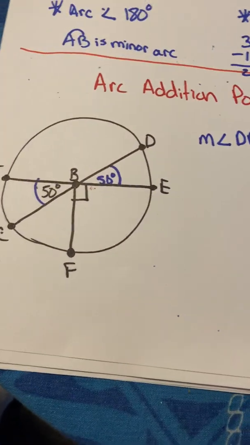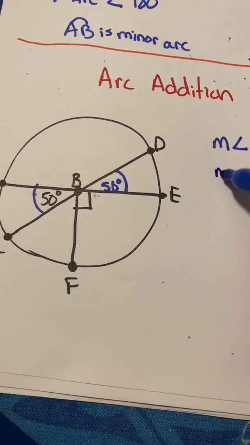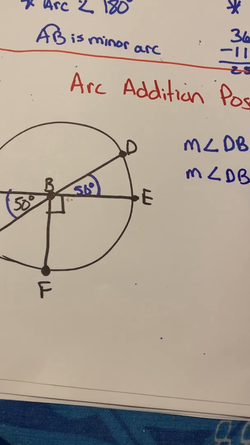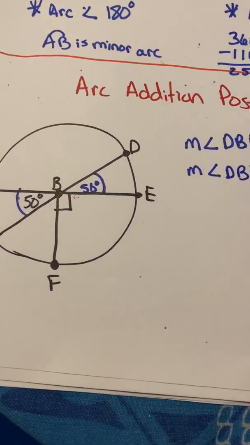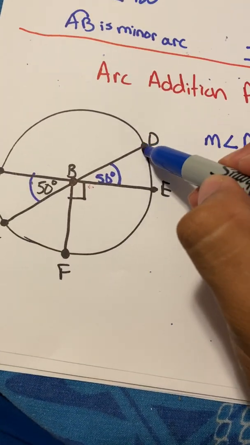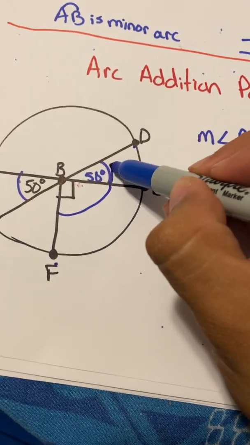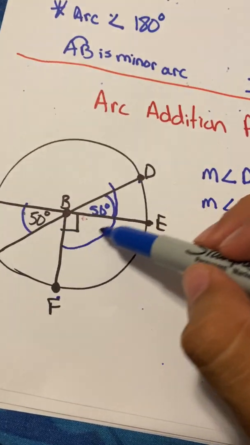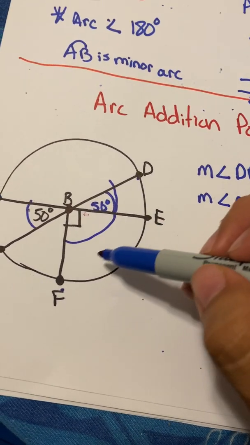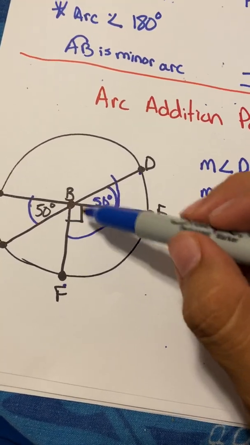Cool. So what if we were asked, what is the measure of DBF? They're asking for this big angle right here. Well, we know that DBE is 50 degrees, and we said in the beginning that EBF is 90 degrees.